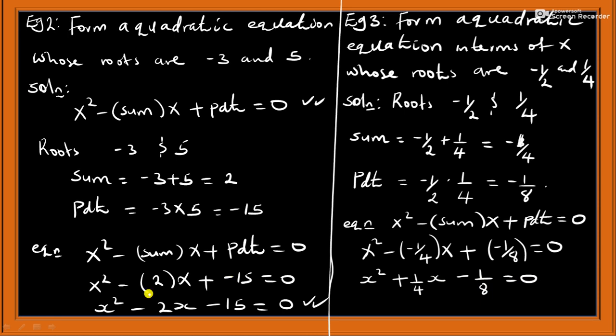We can as well decide to multiply all through by 8, the LCM. We multiply here by 8, here by 8, here by 8, here by 8. So eventually we shall have 8x squared plus, we multiply here by 8, we shall remain with 2x minus 1 equals what? 0.